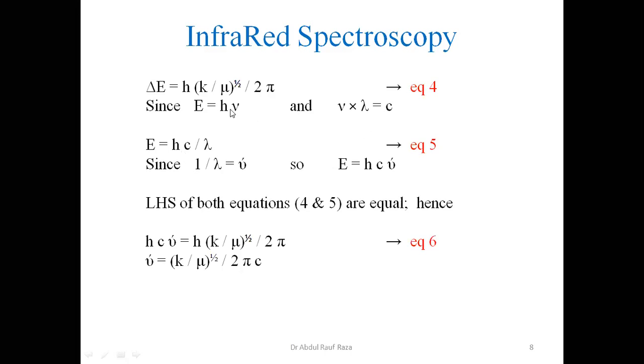And if you remember, wavelength times frequency is always a constant, which is the velocity of light. So these two factors, when multiplied, always give the velocity of light c. So frequency times lambda is c. We can put the value of frequency here, c upon lambda. So E is equal to hc upon lambda.